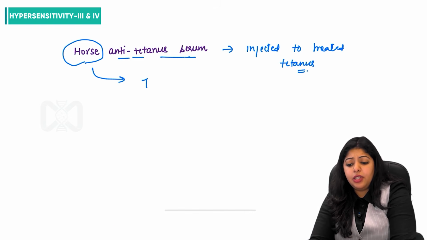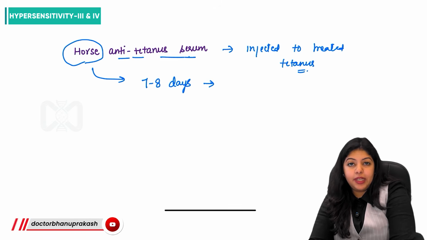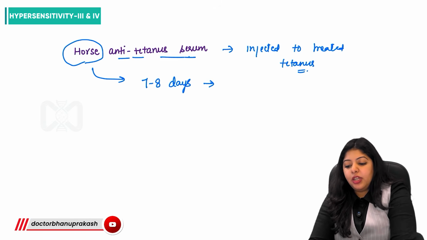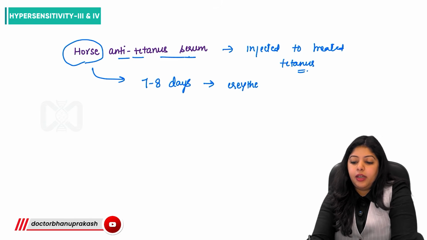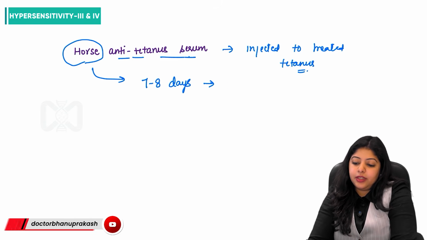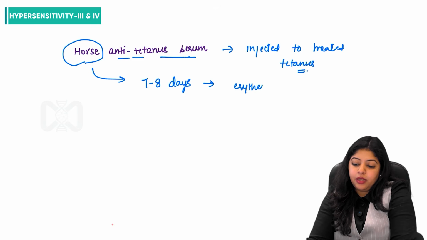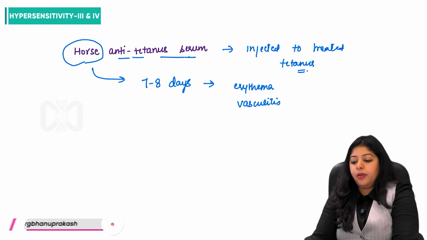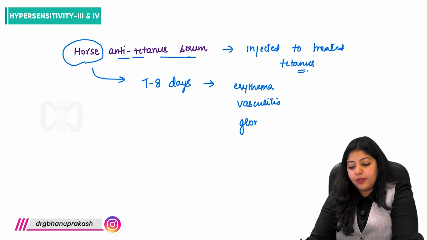So within 7 to 8 days only, a lot of immune complexes were getting formed, right? So the patient developed erythema and there was vasculitis, then the patient developed glomerulonephritis, then the patient had fever, and all these conditions.